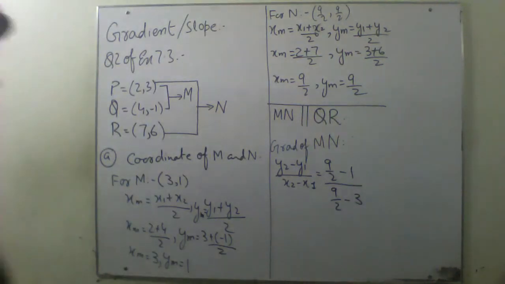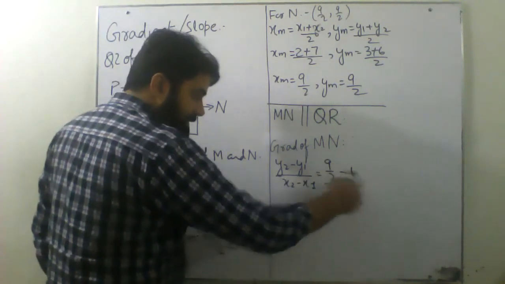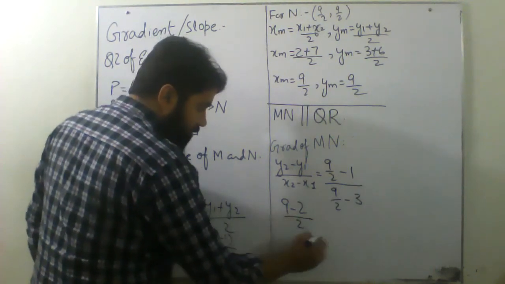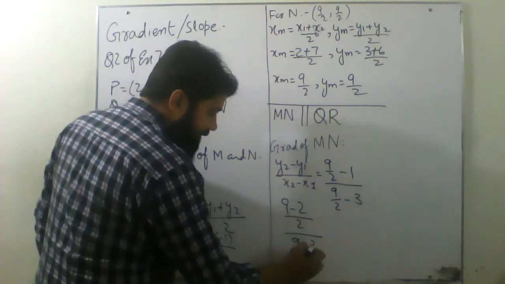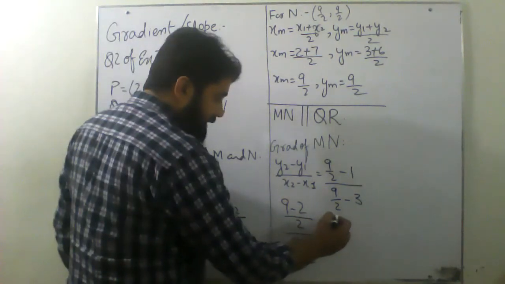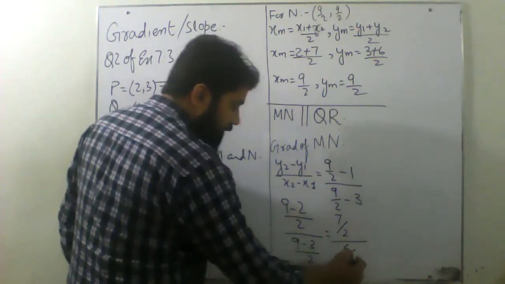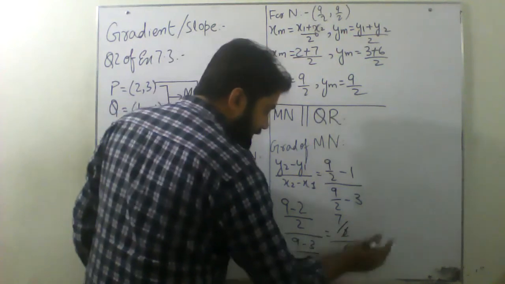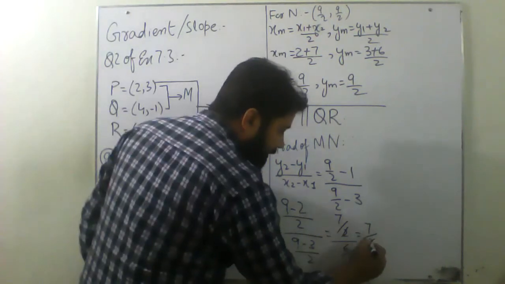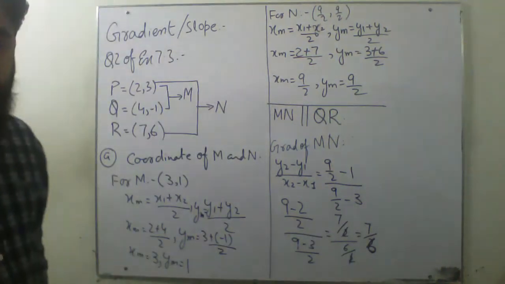After that, taking LCM in the numerator and LCM in the denominator, 9 minus 2 gives 7 over 2, upon 9 minus 6 over 2, which is 3 over 2. The 2 and 2 cancel. So the gradient of MN is coming 7 over 3.